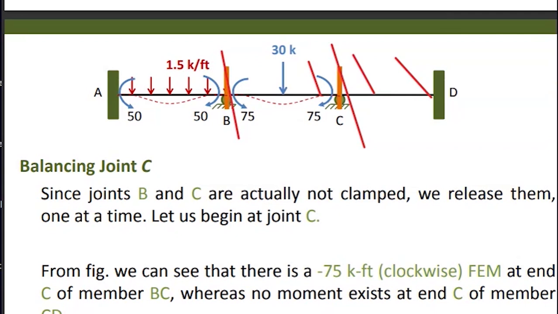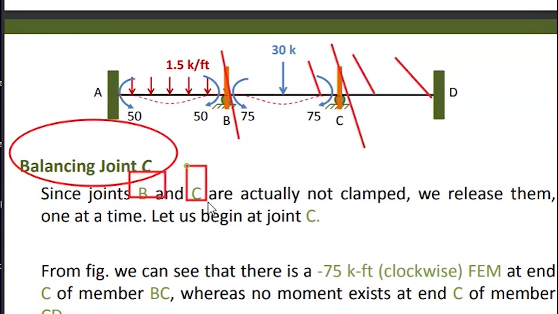Now let's start with joint C, in which our moments should be balanced against each other. Since joint B and joint C are actually not clamped, we release them at one time.